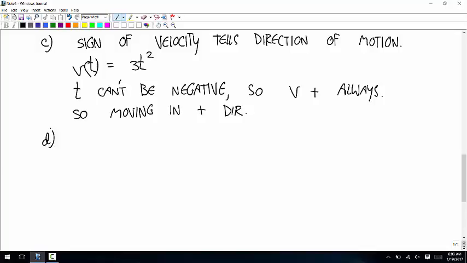Okay, so what of these functions tells us whether an object's speeding up or slowing down? Combination of two things. Yeah, acceleration and velocity. If they have the same sign, it's speeding up.